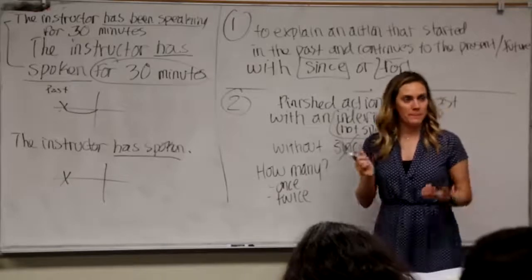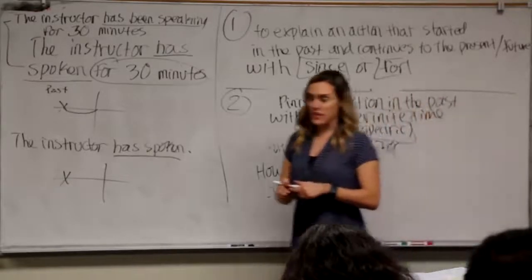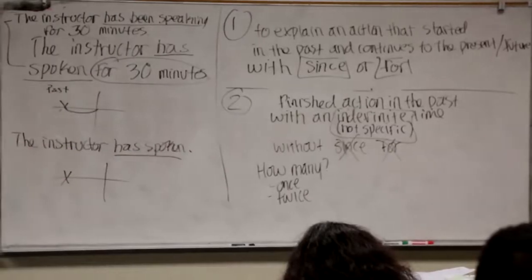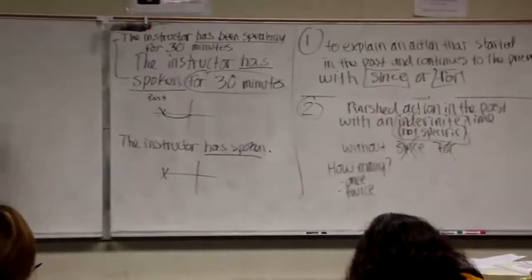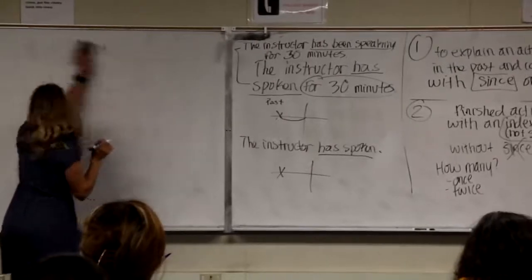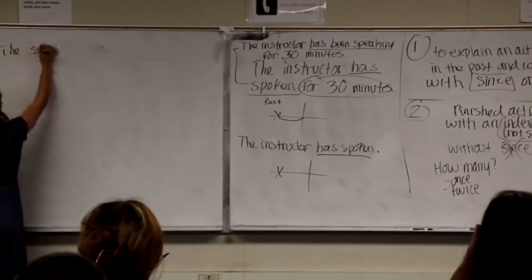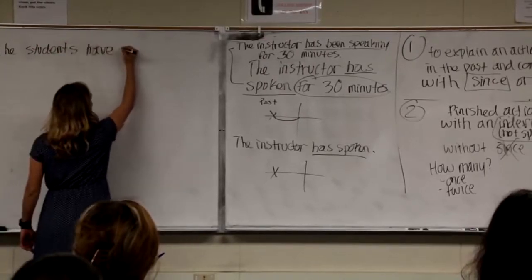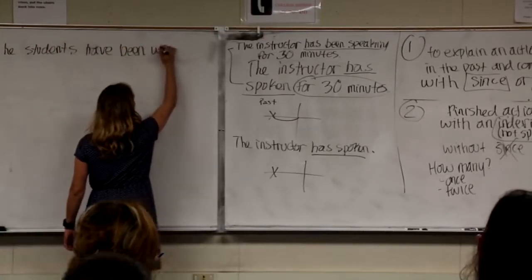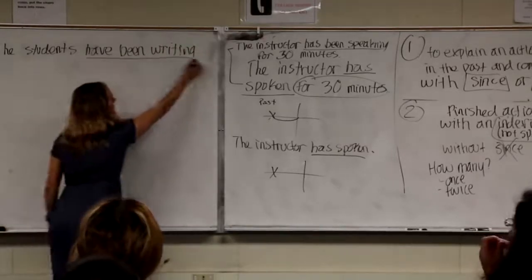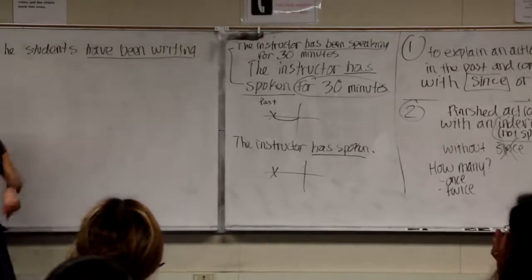How about the past progressive? Okay, so I'm going to write examples. We could analyze them, right? And then you guys tell me the difference. The students have been writing.